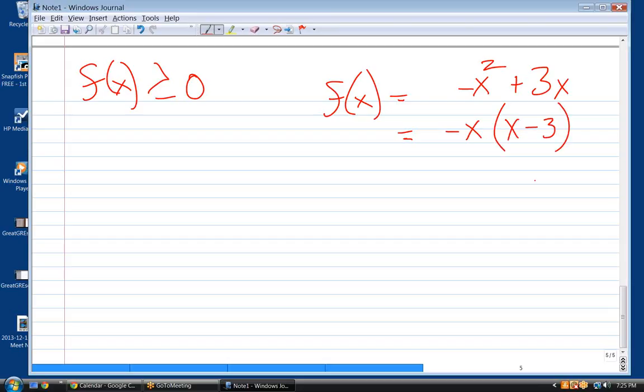Let's factor it like that. Now, if we want to know where this product is greater than or equal to 0, we need to do a line chart.